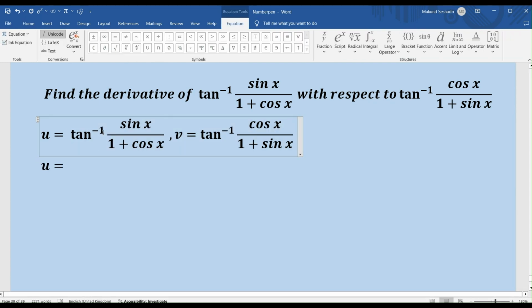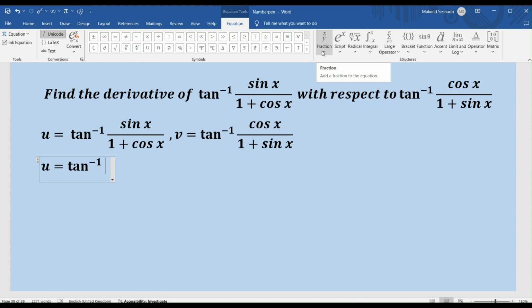We have a tan inverse, so our thought process has to be: can I reduce the expression inside tan inverse to a tan, right? The expression that I have inside tan inverse is sine x the whole divided by 1 plus cos x.